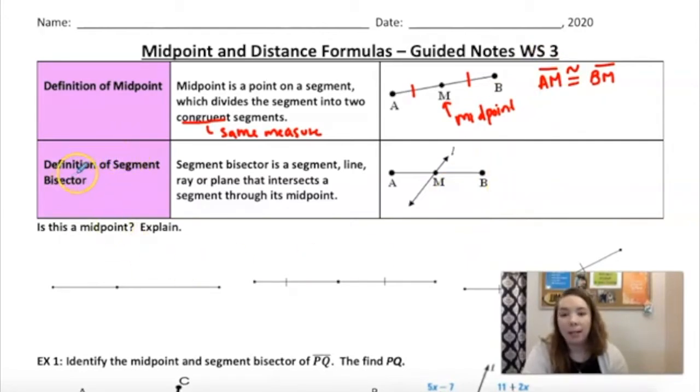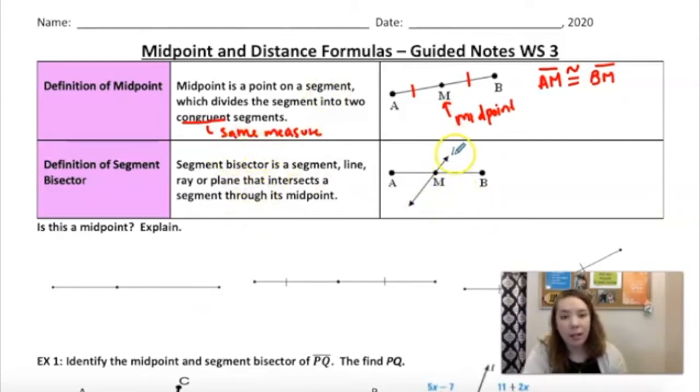Definition of segment bisector. A segment bisector is a segment, line, ray, or plane that intersects a segment through its midpoint. The prefix bi means two, and sector means it's cutting through it, so it makes two equal pieces.